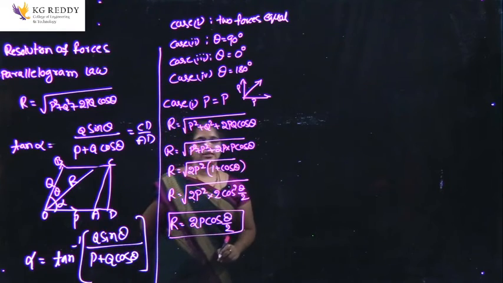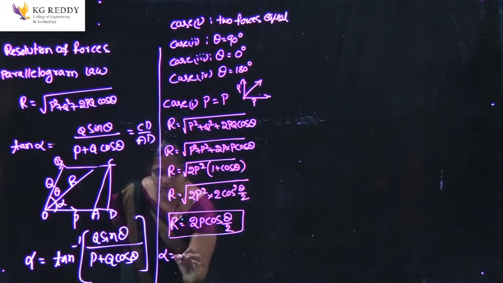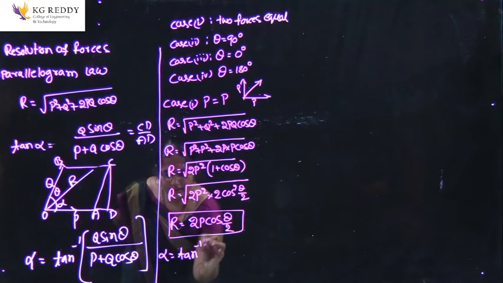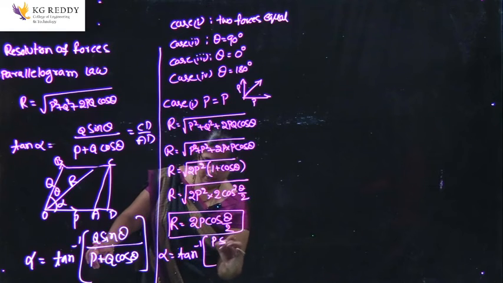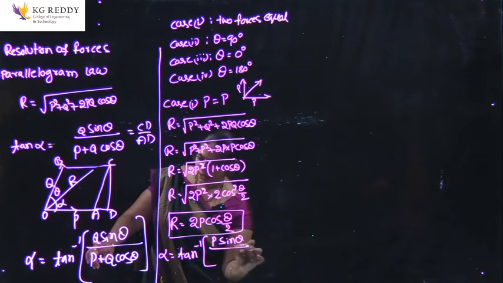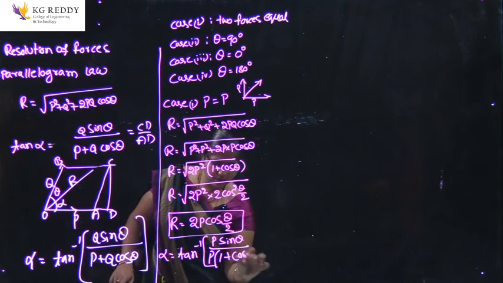Then what about the resultant angle alpha? Alpha equals tan inverse of, taking P directly instead of Q, P sin theta divided by P plus P cos theta. Again P is common, giving 1 plus cos theta, so P will get cancelled.